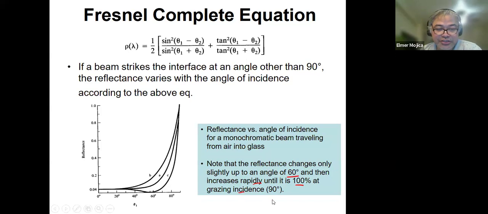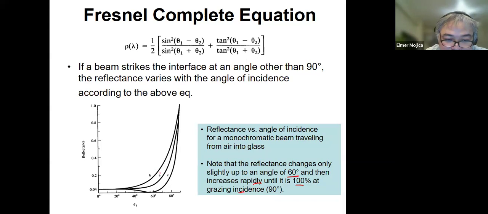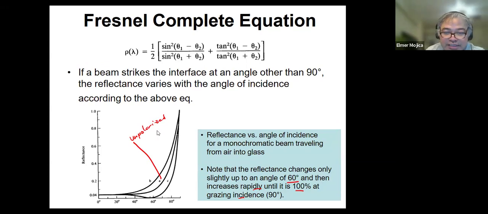Okay, so you have here the reflectance versus angle of incidence. For A, that is unpolarized. Now for B, that is the perpendicular polarized.